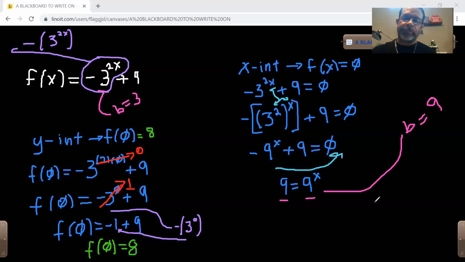And so one thing that's interesting here, let's relate this to logarithms. So let's remember a property that says that the logarithm of a base b of b equals 1.